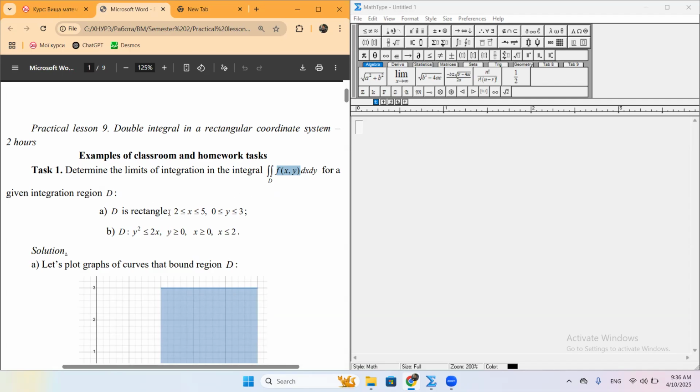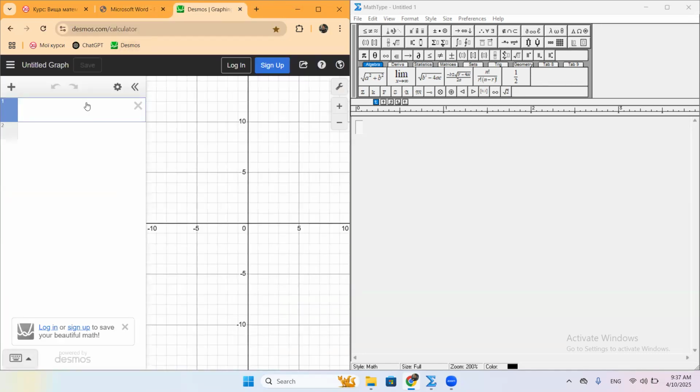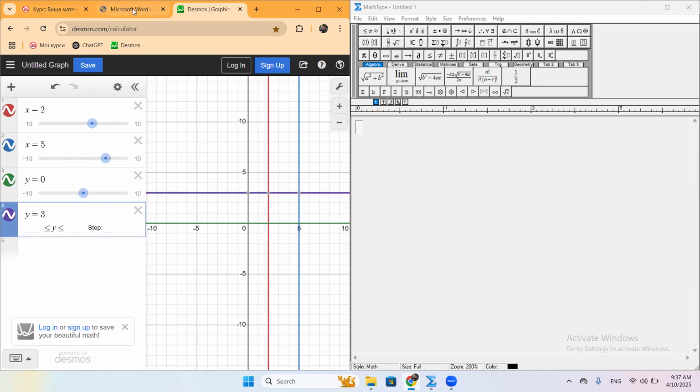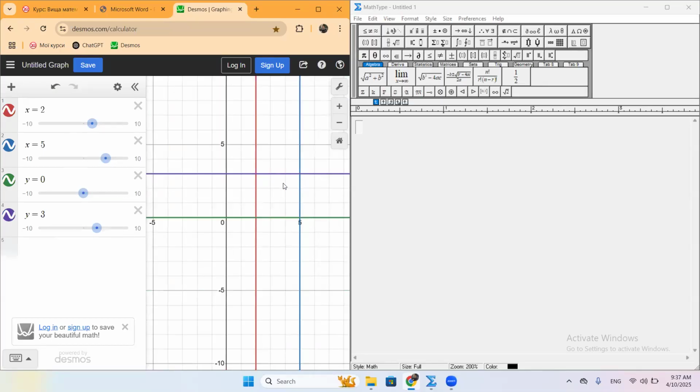So the first region is a rectangle where x is from 2 to 5 and y from 0 to 3. Such a region is bounded by these straight lines.